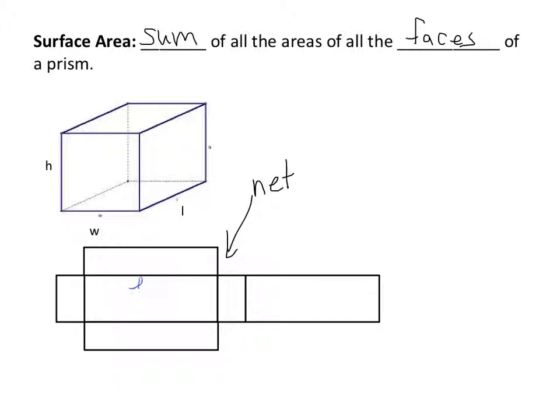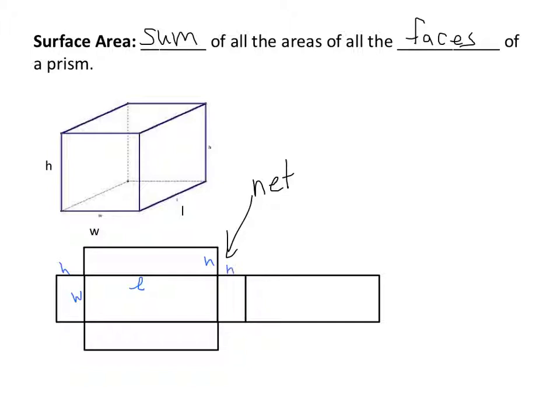So here we have a length and a height. Here we have a width and a height. This would be a width here and a height.